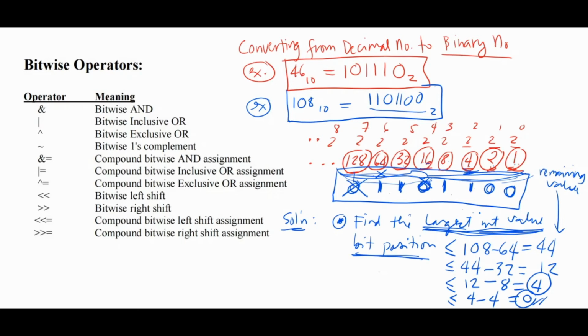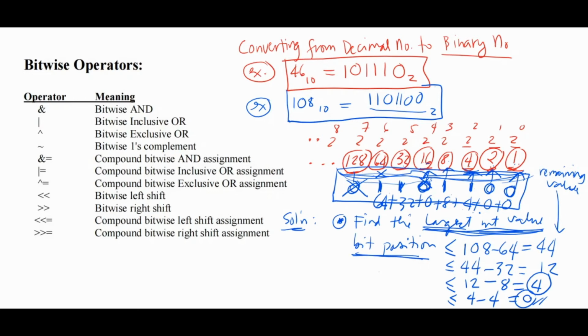So 1 times 64 is 64, plus 1 times 32 is 32, plus 0 times 16 is 0, plus 1 times 8 is 8, plus 1 times 4 is 4, plus 0 times 2 is 0, plus 0 times 1 is 0.